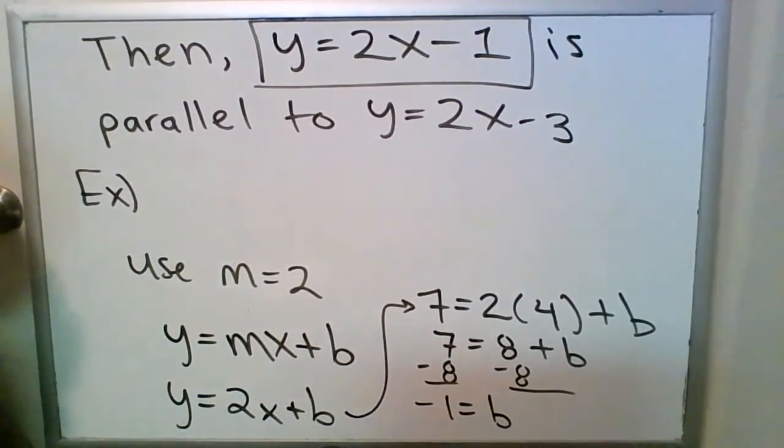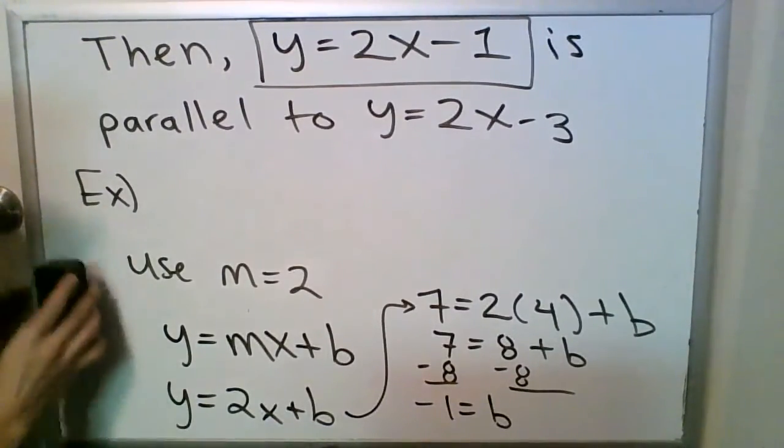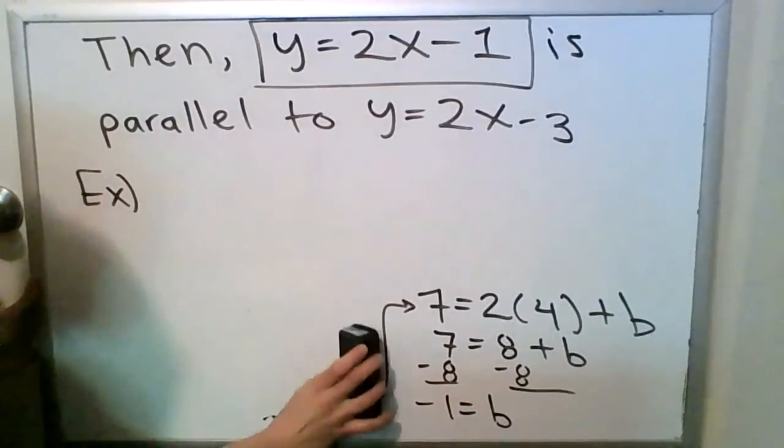We're going to do one for perpendicular. So we will find the line perpendicular to y equals 3x plus 7.